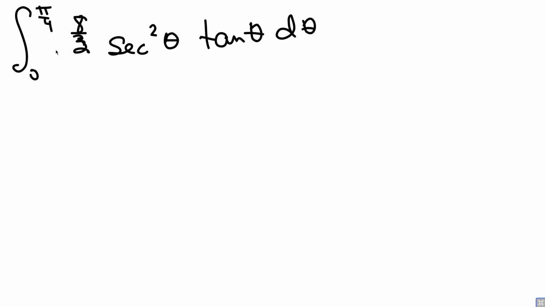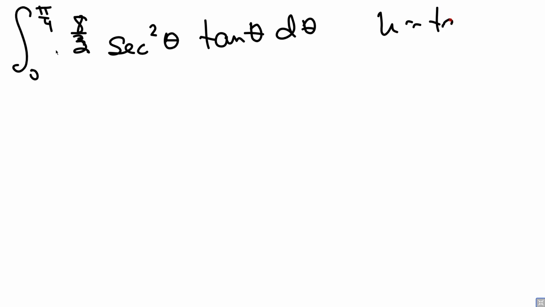Now, for this particular situation, I can integrate it either way and I'll get the same answer. I can do a u sub with respect to tangent, or split up the secant squared and use the u sub for secant theta. It doesn't matter. I'm going to do it with tangent as my u.